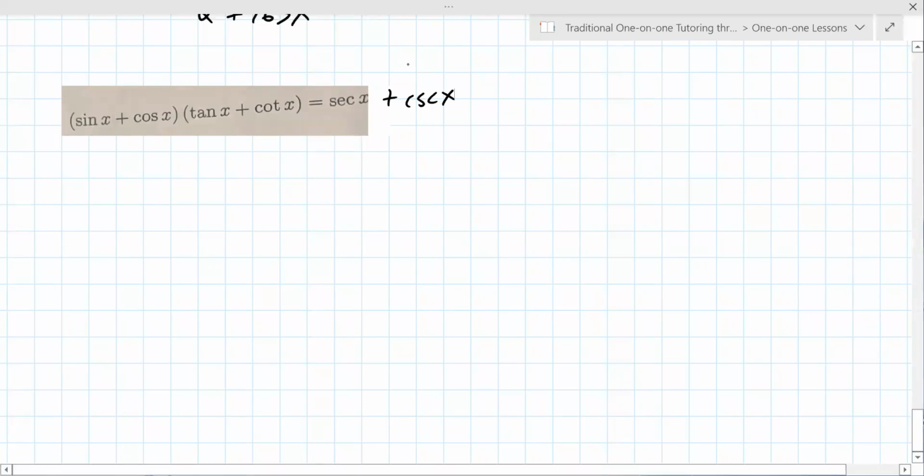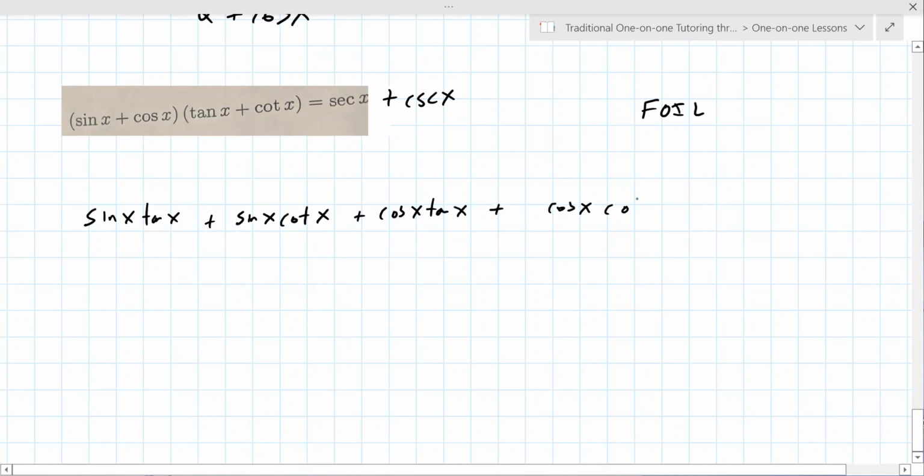So you're going to foil the left-hand side. That's sine x tangent x plus sine x cotangent x plus cosine x tangent x plus cosine x cotangent x. Generally you foil when you see something like that.